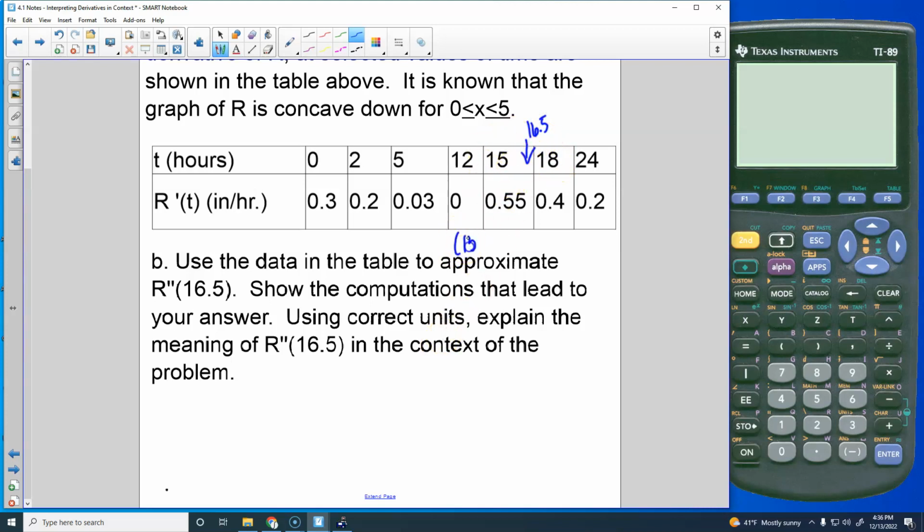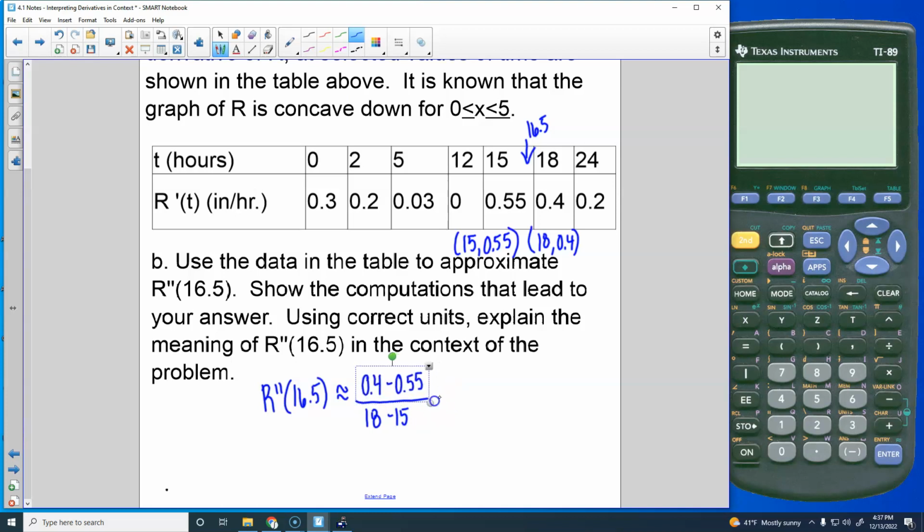We got 15, 0.55, and 18, 0.4 as our two points. So we're going to say r double prime of 16.5 is approximately, we're going to use the squiggly equal signs here, and we're just going to do the slope formula. So 0.4 minus 0.55 over 18 minus 15.